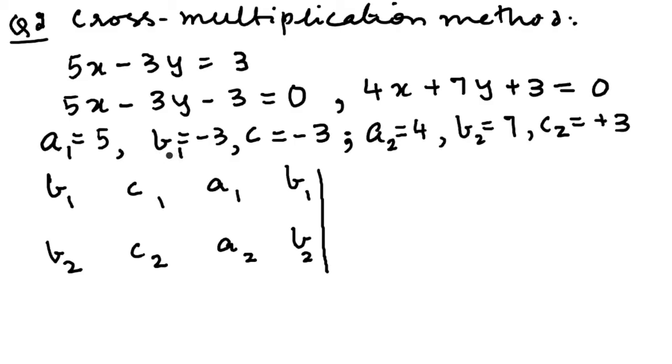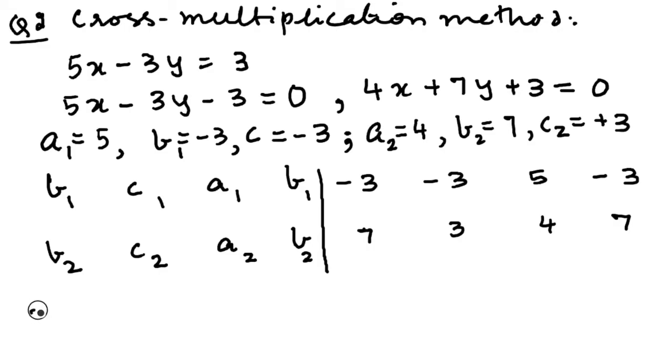So your b1 is -3, c1 is -3, a1 is 5 and b1 is -3. Now for the second equation, b2 is 7, your c2 is 3, your a2 is 4 and b2 is 7.